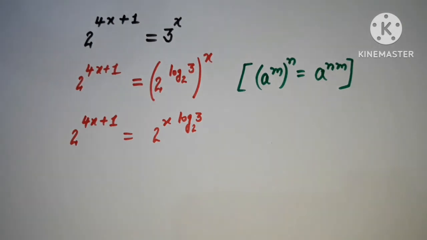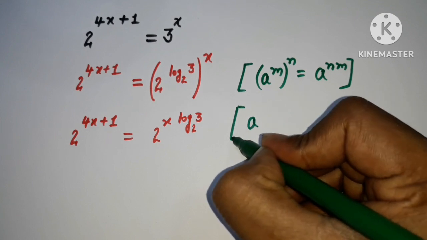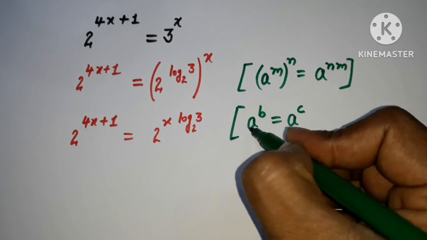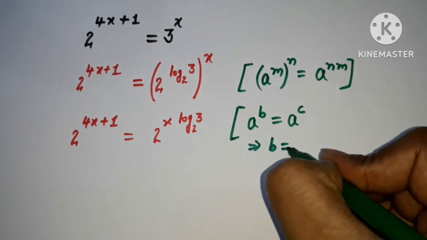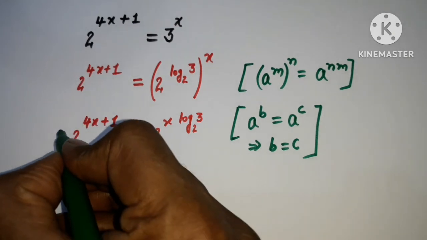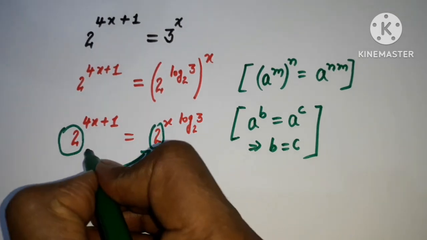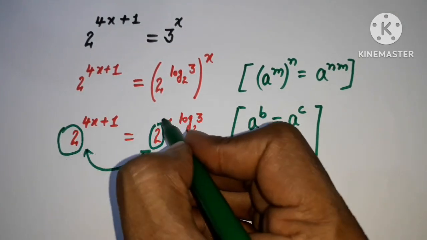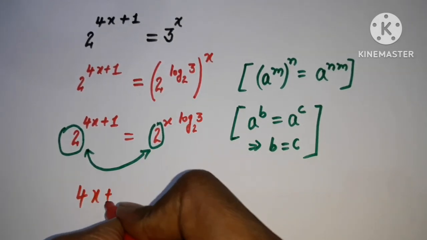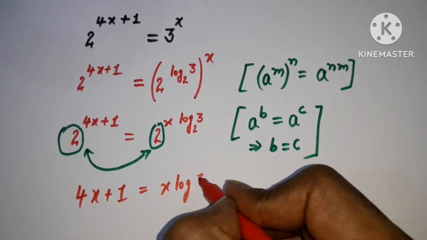Suppose a^b equals a^c, obviously b is equal to c. So I am using this formula here. The bases are equal, so their powers will be equal. So I am just going to equate their powers: 4x+1 equals x log_2 3.